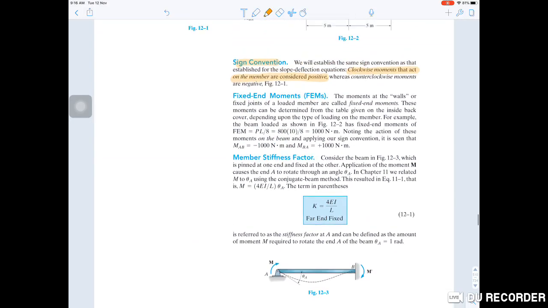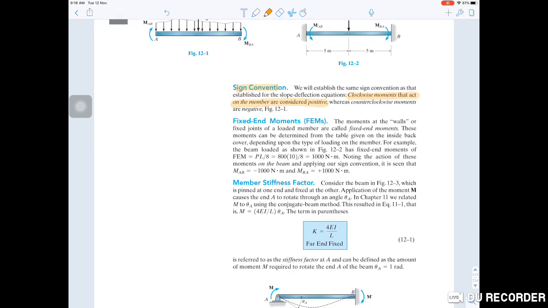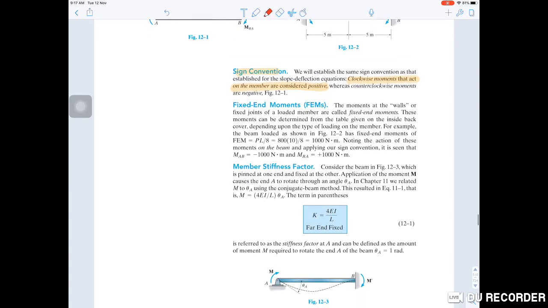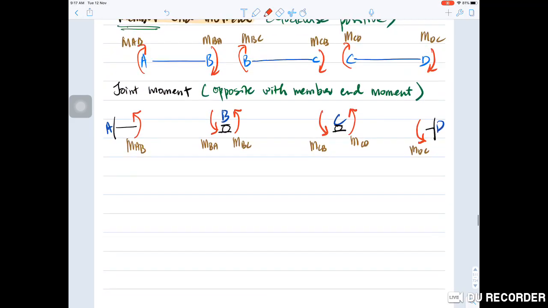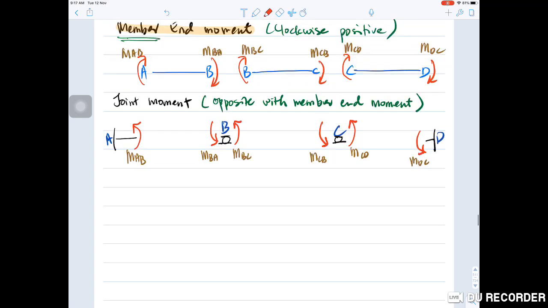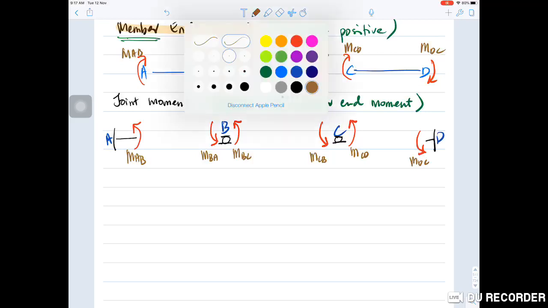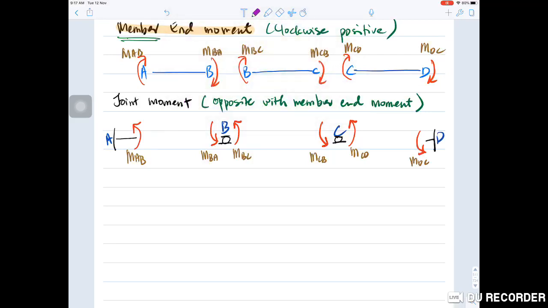The next term that is quite important in the moment distribution method is called fixed end moment. Before that, I want to highlight this first. Moment at the roller: MBA plus MBC is equal to 0, because MB is equal to 0 due to the roller support.